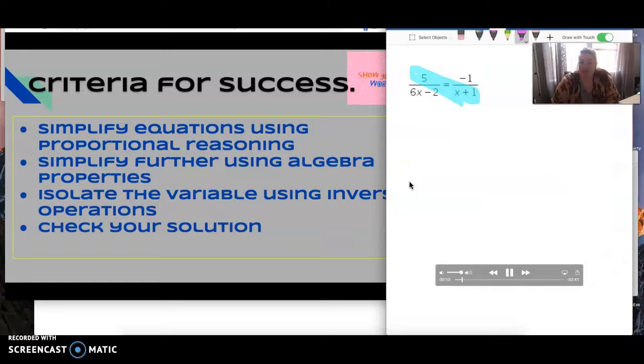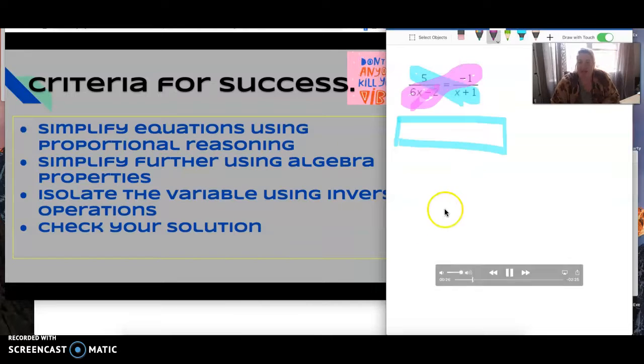I'm sorry, I have my directions all mixed up. But you see with the colors, so the 5 goes with the denominator on the other side, the -1 goes with the denominator on the opposite side. And then we set up that equation. So that one diagonal is set equal to the other diagonal, what we call crisscross applesauce.